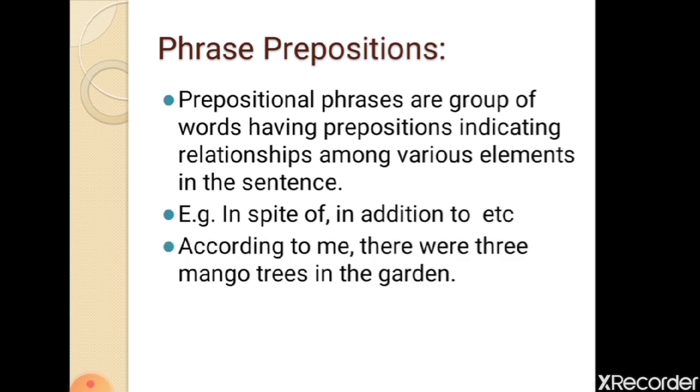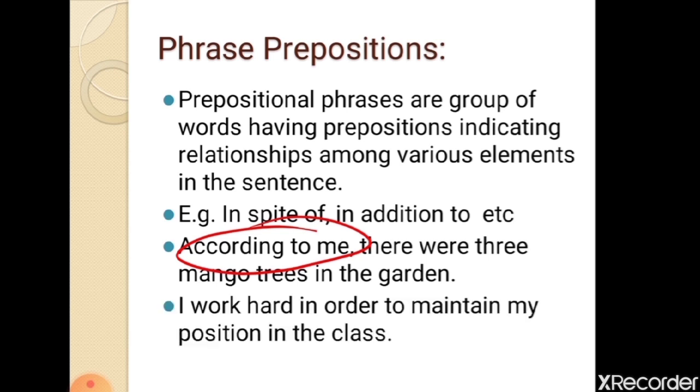So, here is the example. According to me, there were 3 mango trees in the garden. Now, you will realize the preposition is according to me. So, this is a phrase, and it acts as a preposition, and that is why it is a phrase preposition.